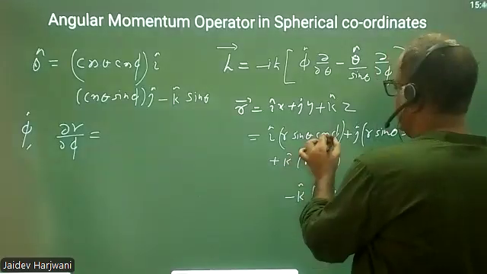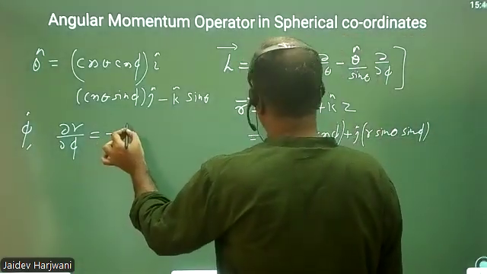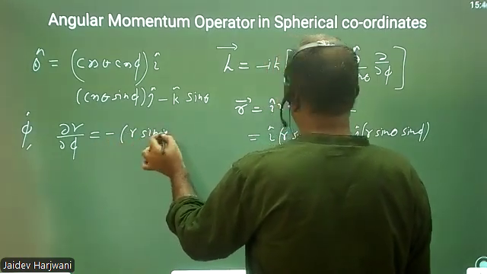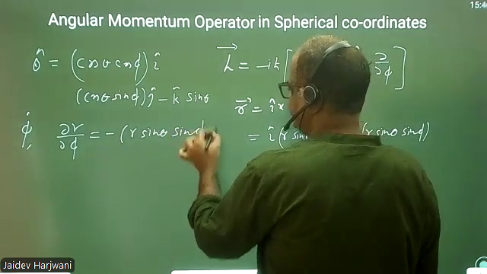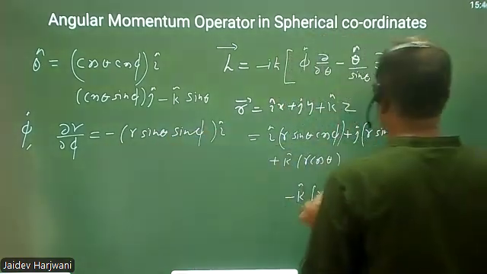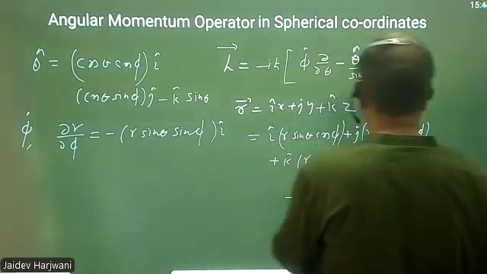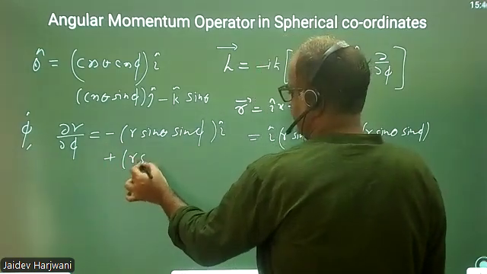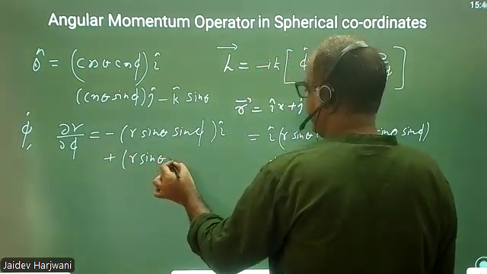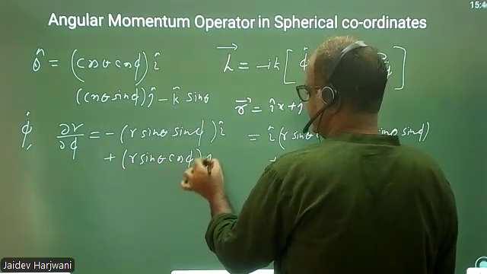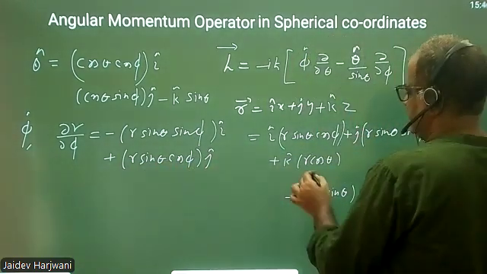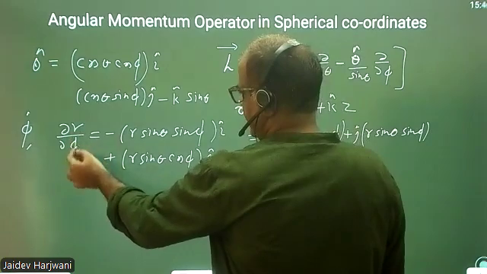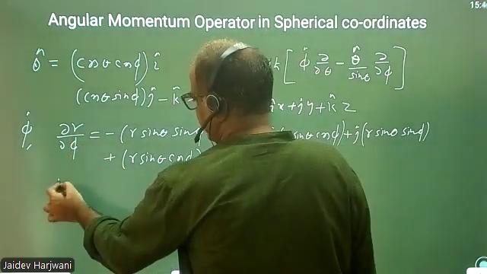If you differentiate cos phi you get minus sin phi, so you get minus r sin theta sin phi i cap, doing partial differentiation, and then here sin phi becomes cos phi on differentiation, so this becomes plus r sin theta cos phi j cap, and r cos theta with respect to phi becomes 0. So this is my del r upon del phi.